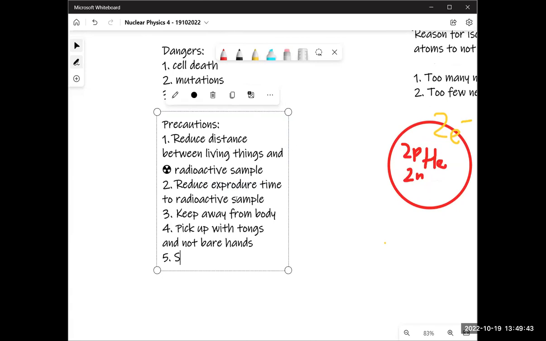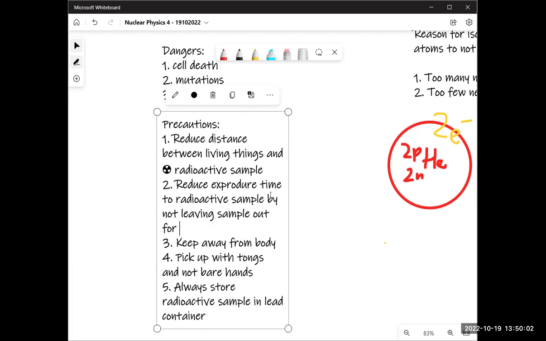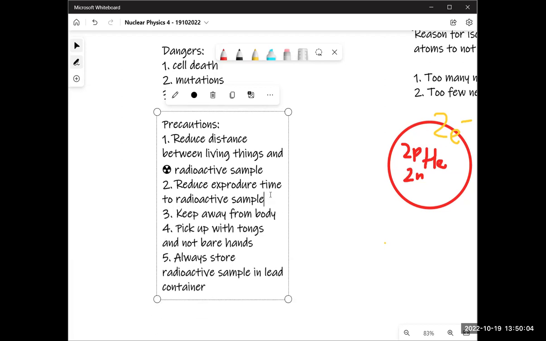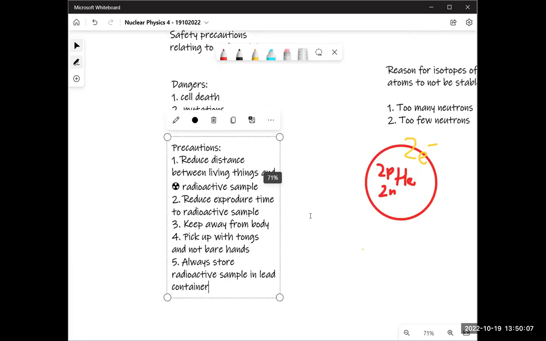Always store radioactive sample in lead container. Write all of these down. Tell me when you're done.